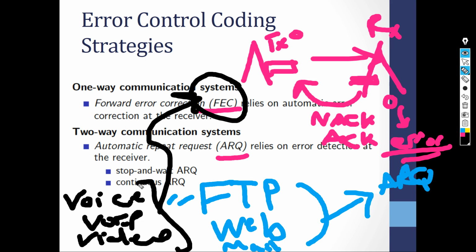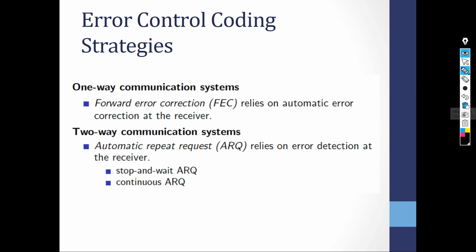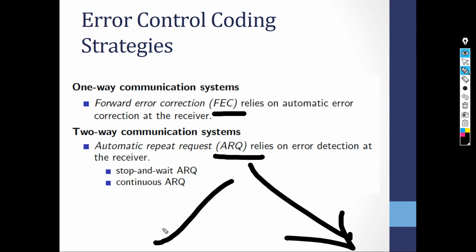So you give up a little bit on the performance and reliability for the sake of obtaining real-time communication with no delay. I hope you now understand the differences between them, how they work, forward error correction and ARQ, which applications use them, and what the differences between them are.